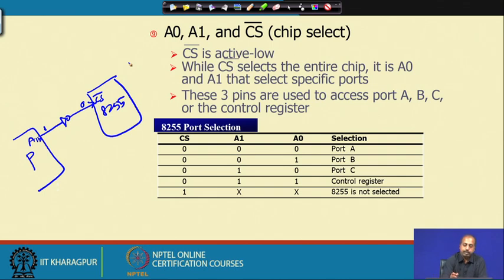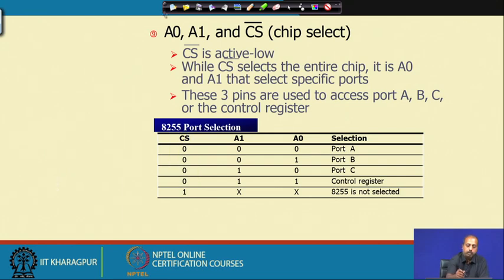This CS bar selection has to be generated by the decoder, and here it is a very simplistic one. Ideally, in a more detailed situation, if this is the processor, some of the address bus lines go to the decoder.